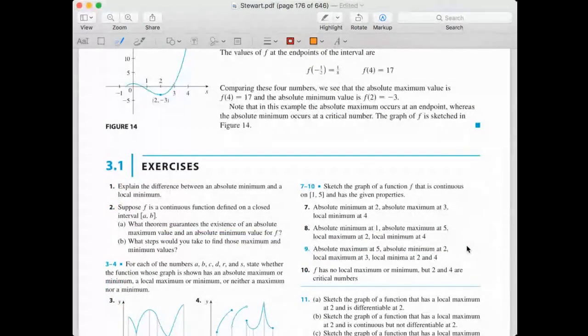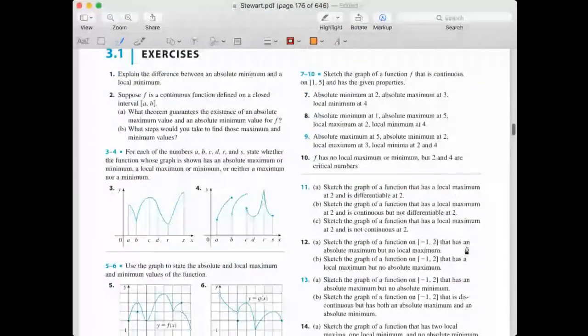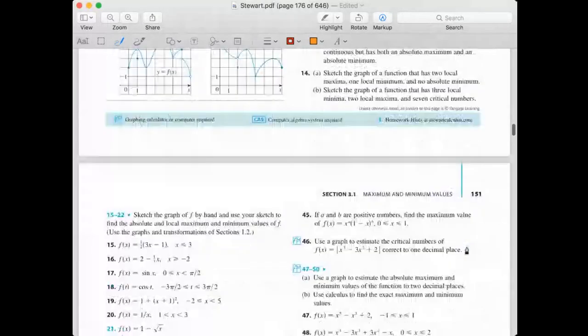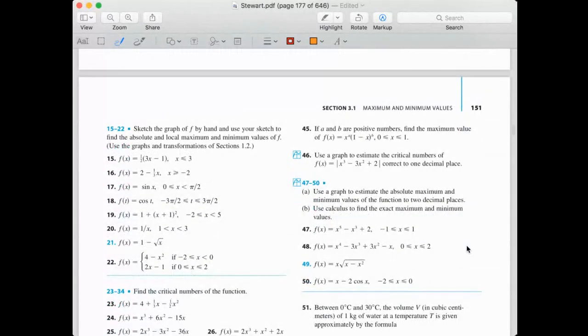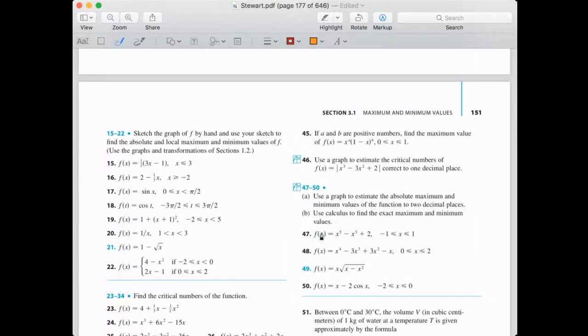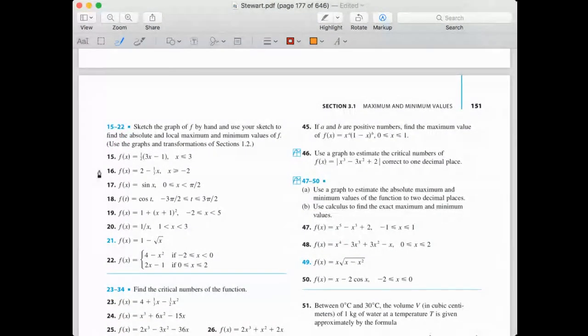Okay, so let's do some exercises. Let's try to find the maximum point and minimum point. We have a couple minutes. Let's try 15 up to 18.